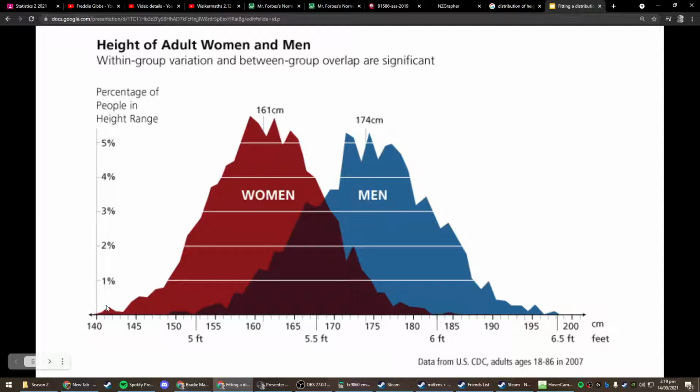So see how this is actual data. Now actual data tends towards some sort of distribution, but obviously there are going to be little tweaks in the data. It never looks perfect. We never really end up getting a perfect model when we're looking at the actual data. But what we're going to do today is model the height of women in the US in 2007.